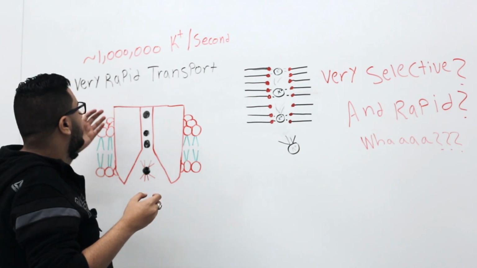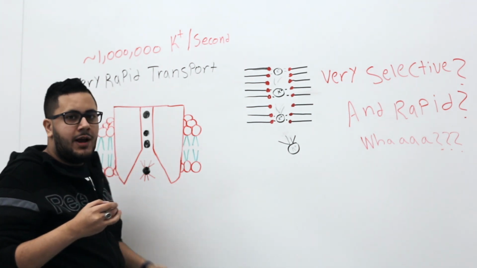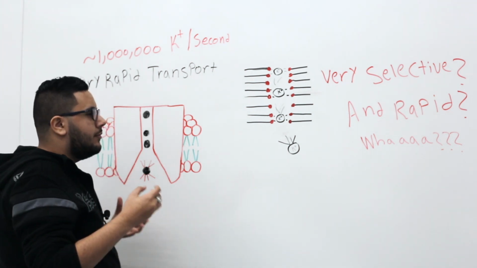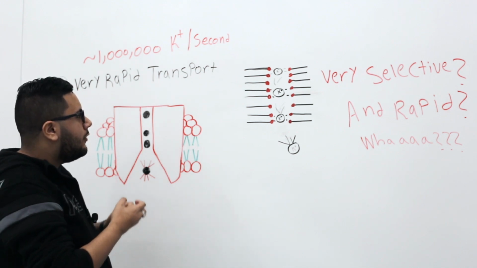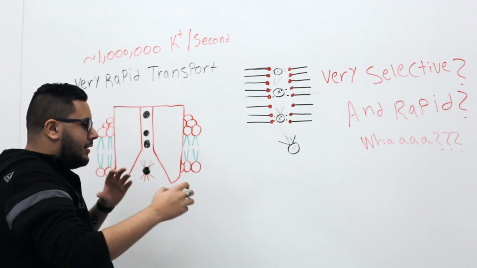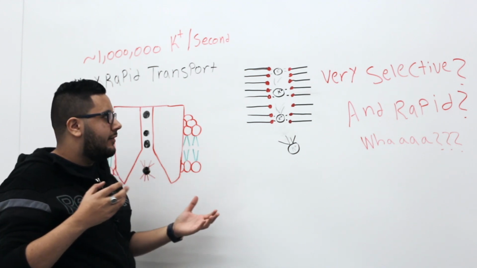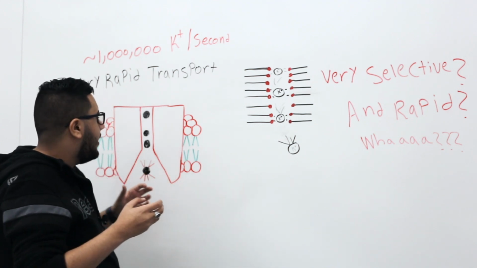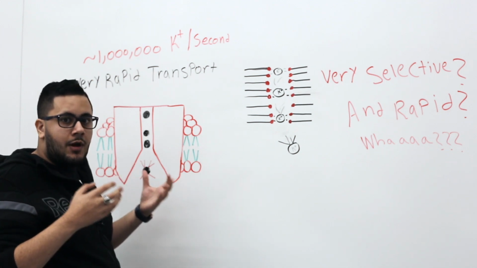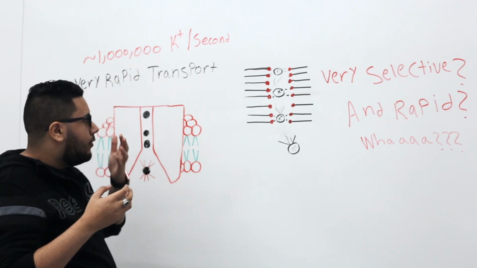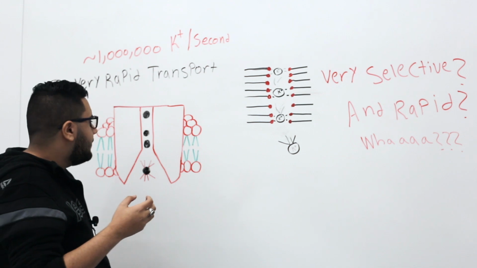It can transport 1 million potassium ions per second, which is an insane number. So it's sort of a paradox that the potassium ion channel can be so selective, but at the same time be a very rapid transporter. So how is that possible?